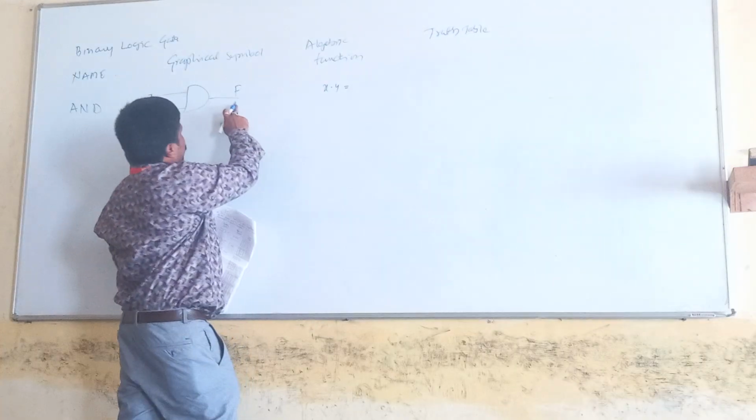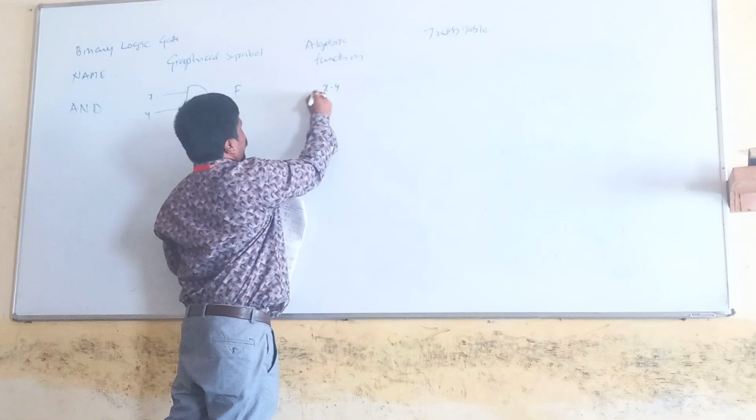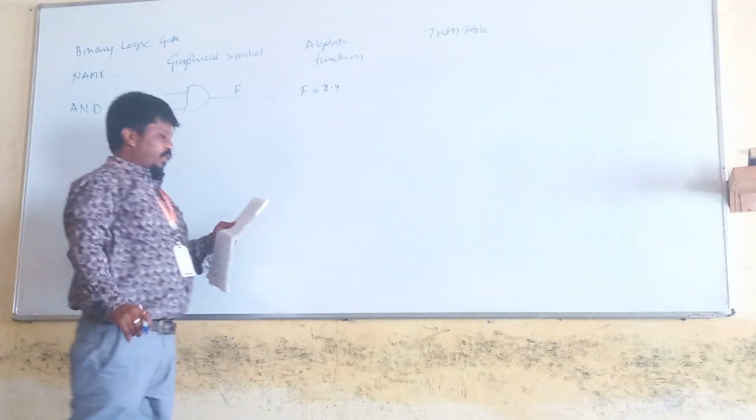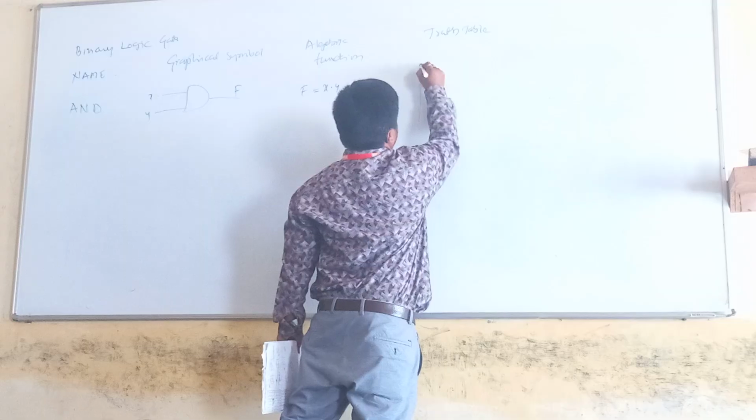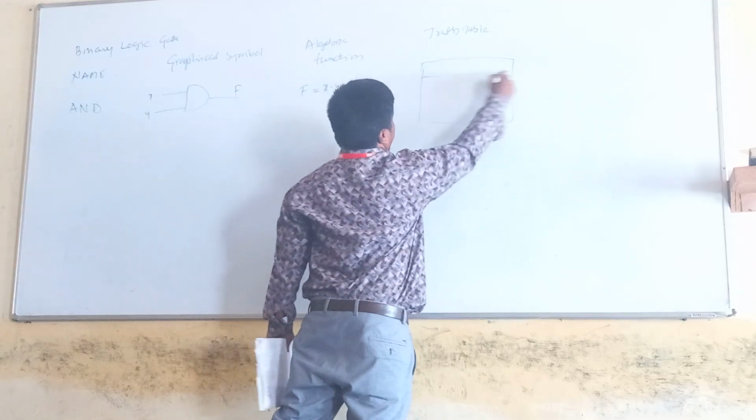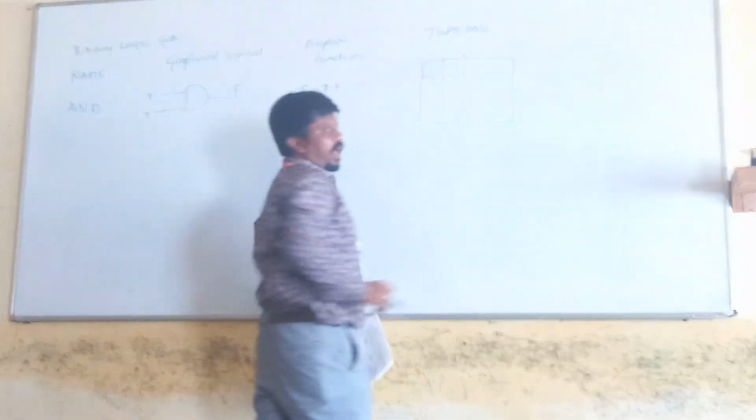How many inputs? X and Y. The output is F. Now the truth table. What is the truth table? The truth table is a table having the input columns and the output column.